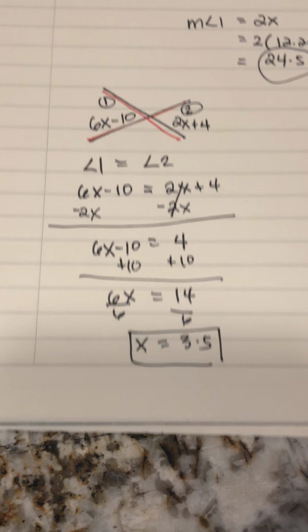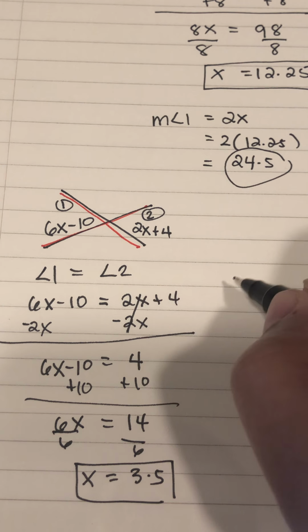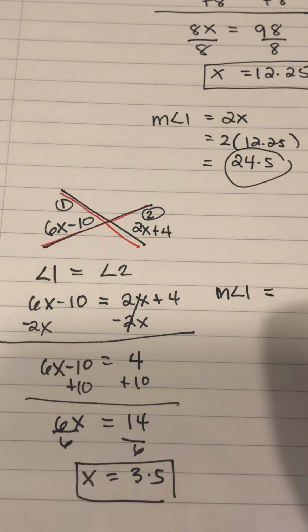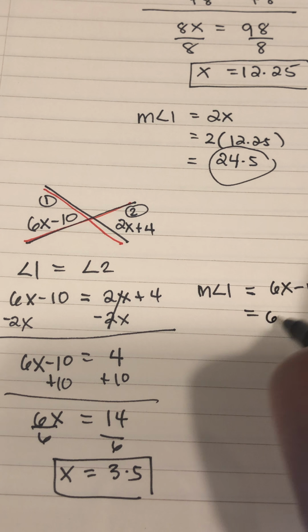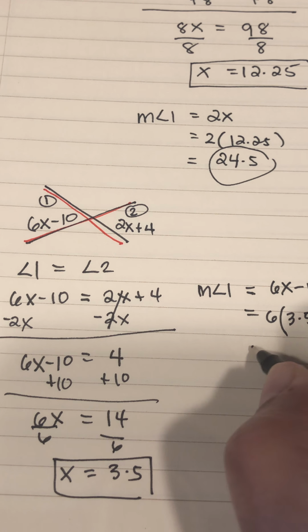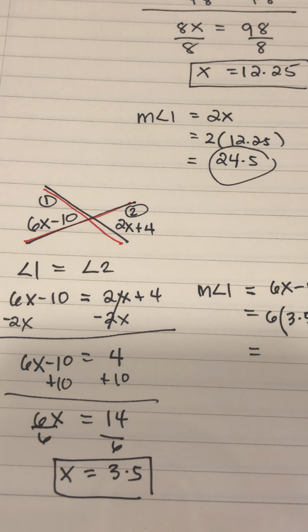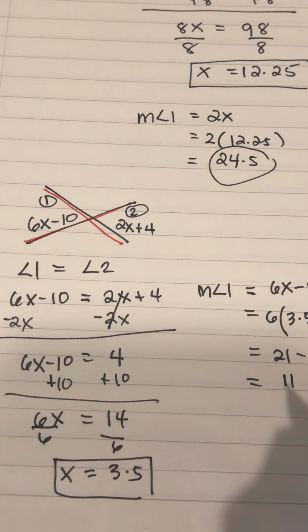Okay. And then since we want to know the measure of each angle, the measure of angle 1 is 6x minus 10. So 6 times 3.5 minus 10. What is 6 times 3.5? 21 minus 10, that gives me 11.